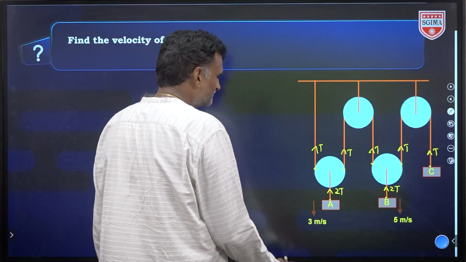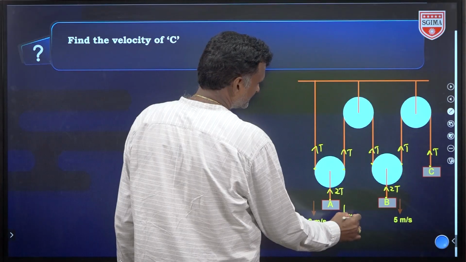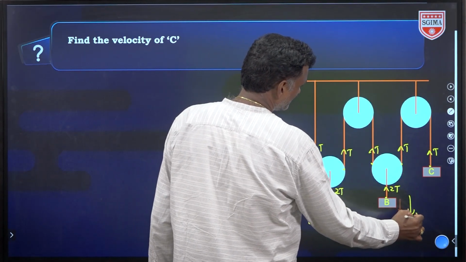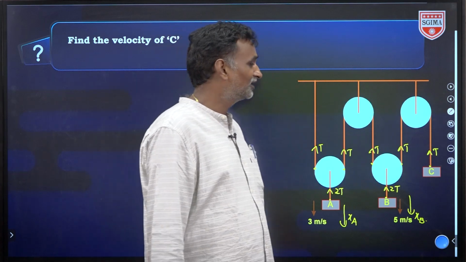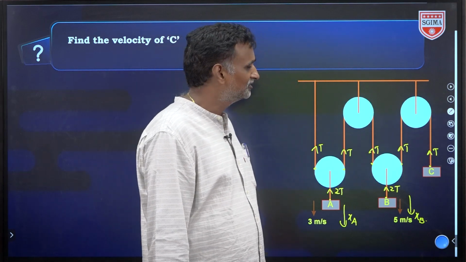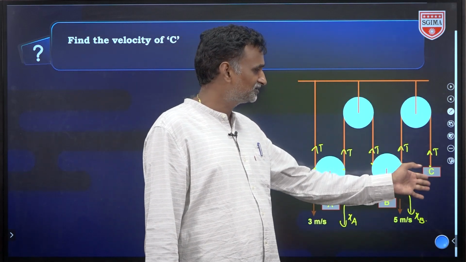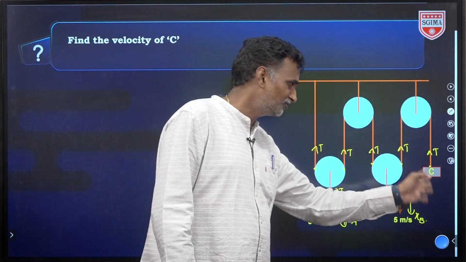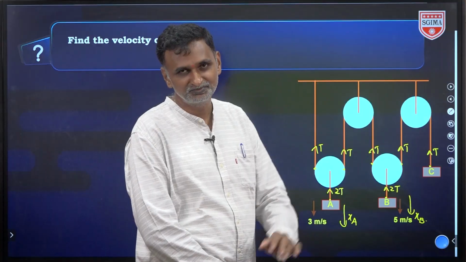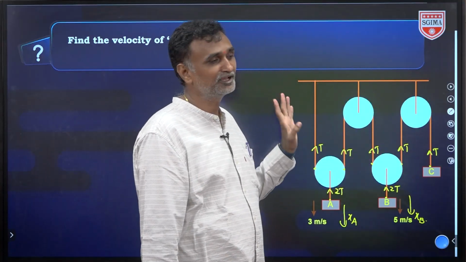Suppose you can take it is xa and suppose you can take it is xb. Let us see where it is going, upward or downward. So mostly we can observe that upward only it will go. But if you take downward also, no issue, you will get the answer as minus.